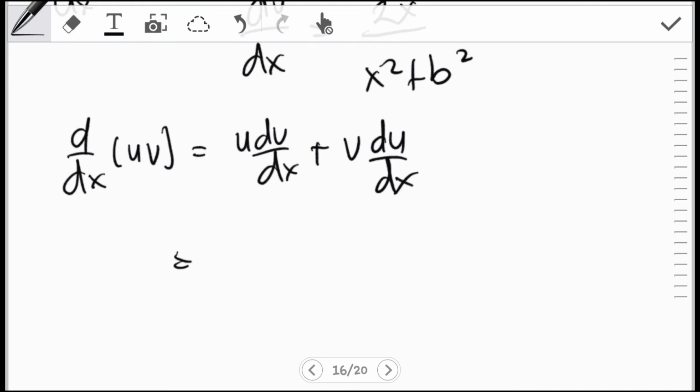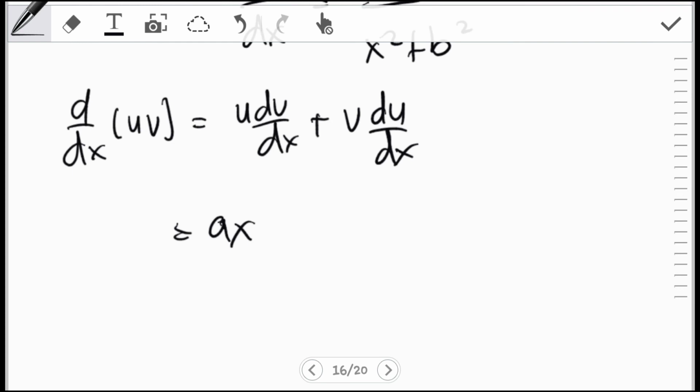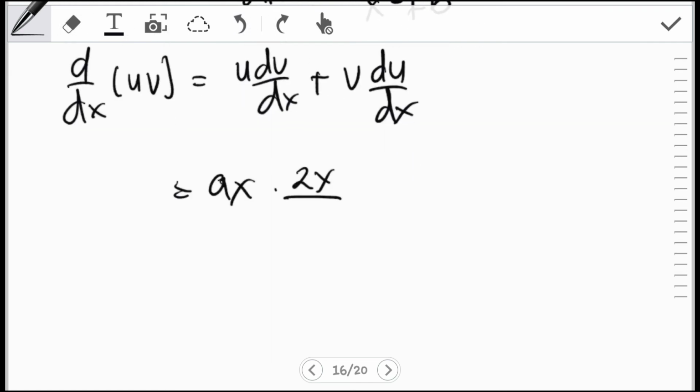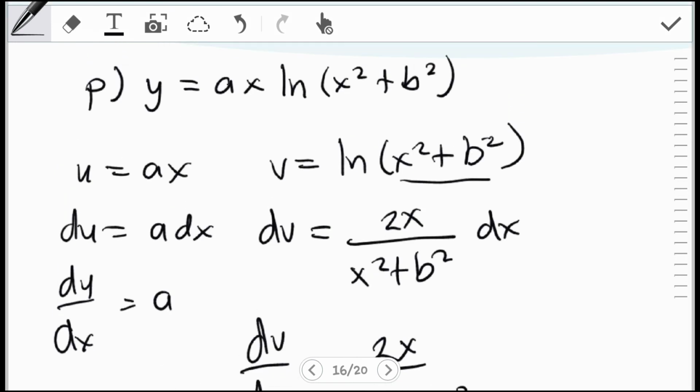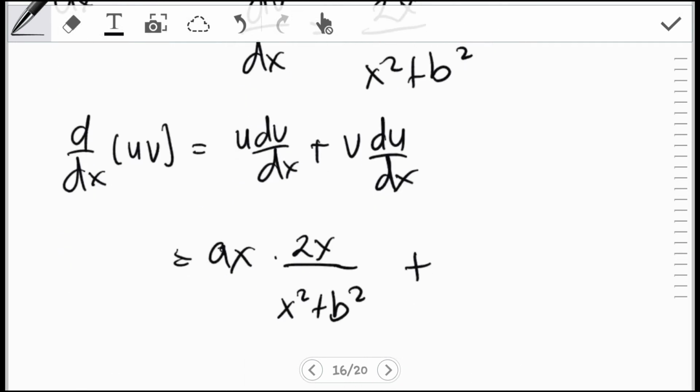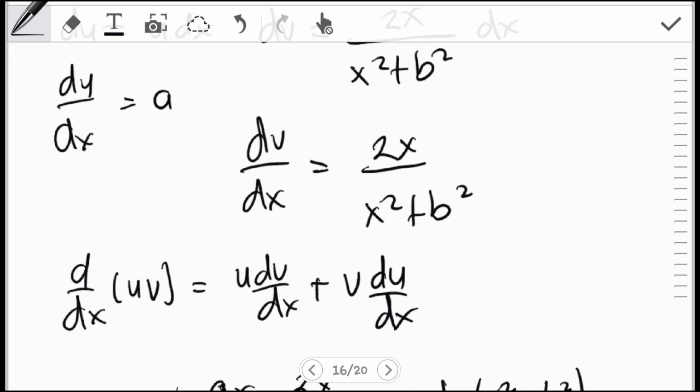So where u as ax, and then dv over dx, that is 2x over x squared plus b squared, plus v, which is ln of the quantity x squared plus b squared, where du as a.